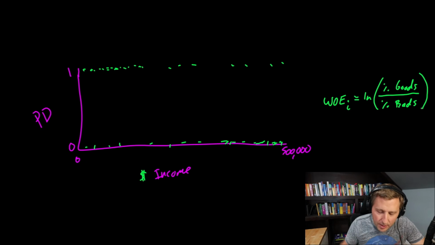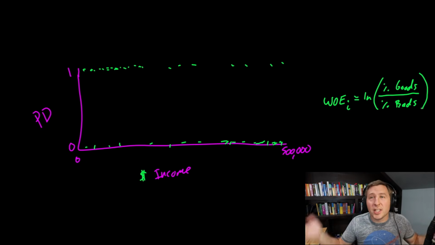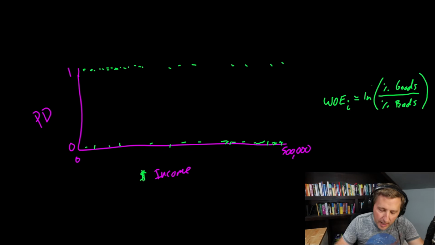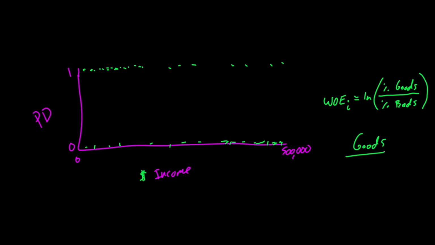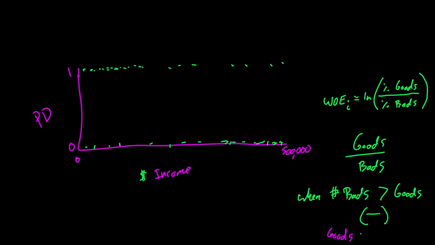Now, to think about this, just imagine it as a fraction. I like to pretend, okay, we can ignore the natural log and all that, but it's really just goods over bads. And when the number of bads is greater than goods, this is a negative value. And when goods are greater than bads, this ends up with a positive value.